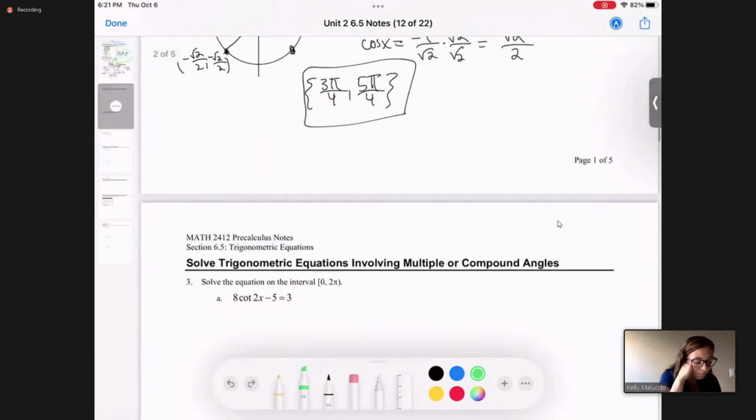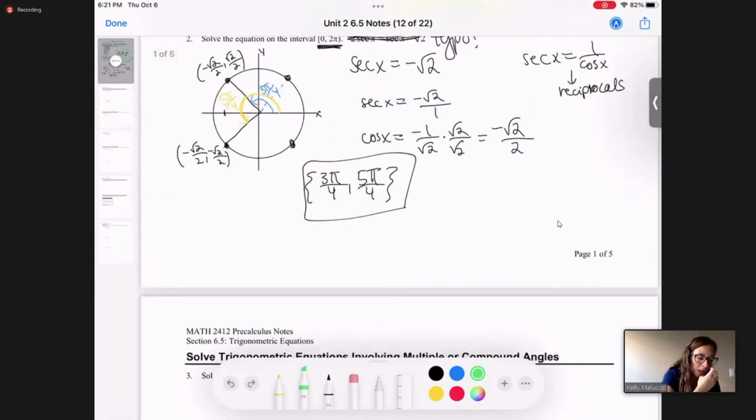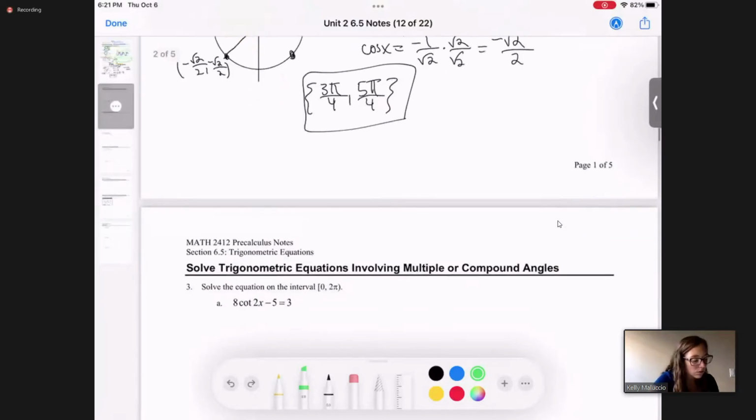Excuse me. Okay. So the next problem we're going to solve. Again, to start at least, they're asking just to solve from 0 to 2 pi. Let's get comfortable solving this, and once we can solve from 0 to 2 pi, writing the general answer is not a big deal, right?